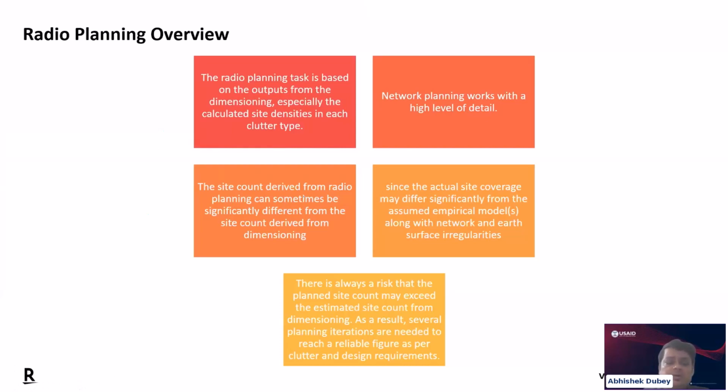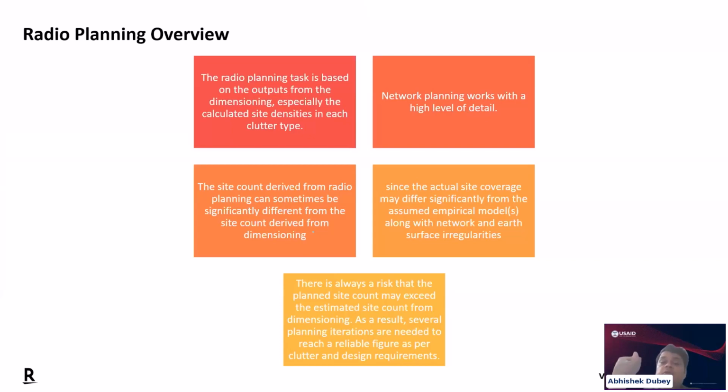Whatever tools you have used, you have calculated the number of sites, but the site count derived from the radio planning can sometimes be significantly different from the site count derived from the dimensioning. So whatever planning you have worked out through ATOLL or any other tools, and whatever sites you have calculated from the dimensioning, sometimes it differs.